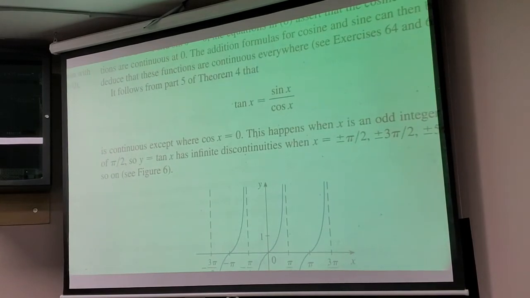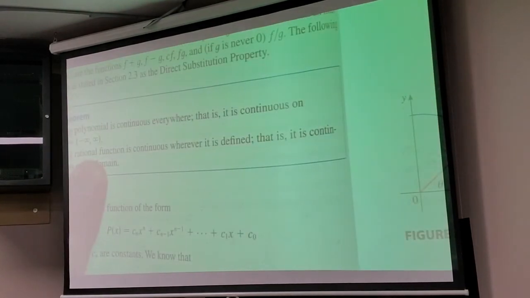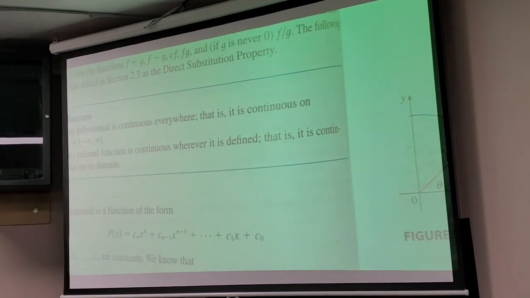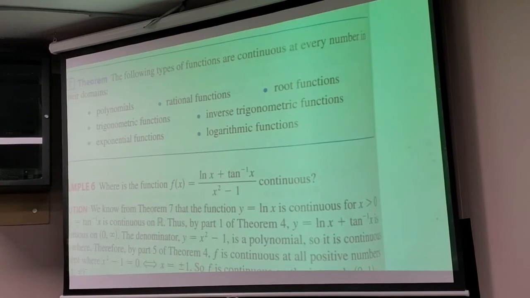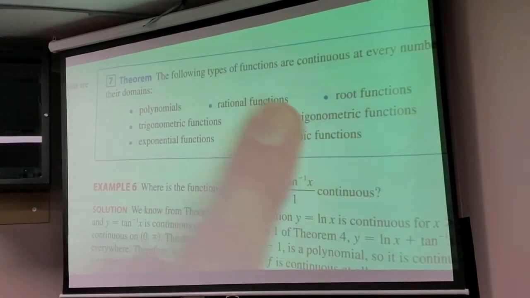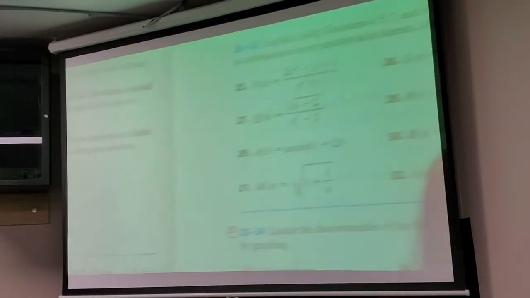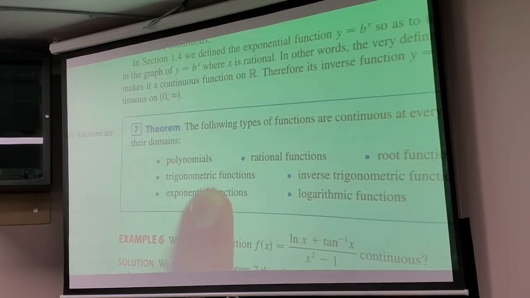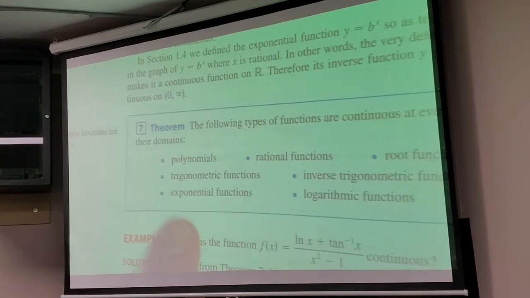Then theorem 5 is about rational functions and polynomial functions. 7 is the complete list of all the functions that are continuous in places, right? So what is this function composed of? It's composed of a trig. Trig functions are continuous on the domain. It's composed of a root function.